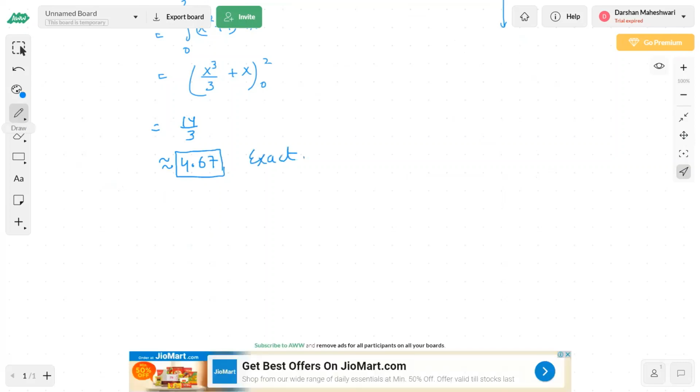Now let's talk about approximations. In approximations, what we do is, let's first of all draw the same curve once again. I will draw a little bit wider this time. So let's suppose this is the curve, and over here we have 2. We need to find the area between 0 and 2. Objective is same.